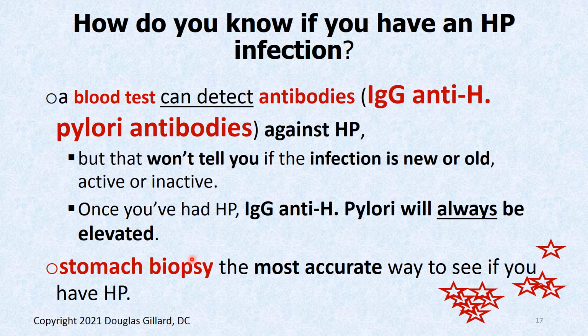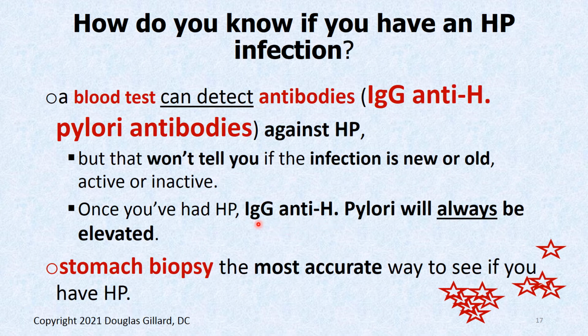If it's a chronic HP infection, we've talked about that, you can do a blood test to detect antibodies. There'll be an IgG antibody present, specifically the IgG anti-H. pylori antibody, in most people. That won't tell you if this is a new infection or an old infection, though, because once you've had HP, this antibody will always be patrolling the blood, so it'll always be present.